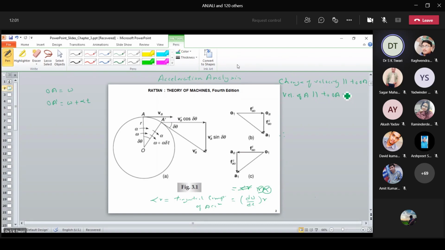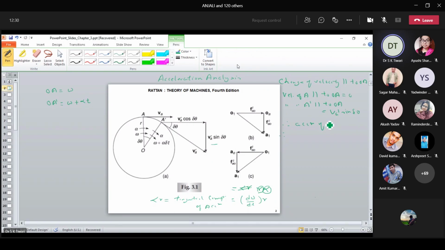Initially, it's 0. Then the velocity of A dash parallel to OA is equivalent to VA dash sin theta, which is equal to VA dash sin of delta theta. I am skipping some intermediate steps.